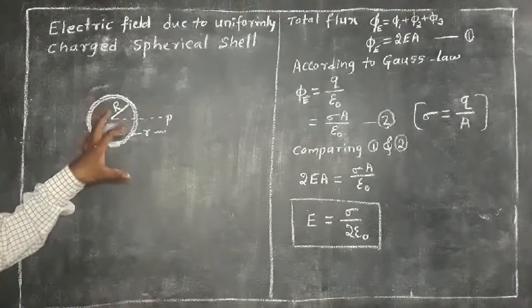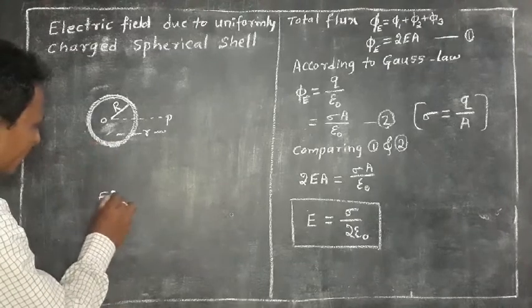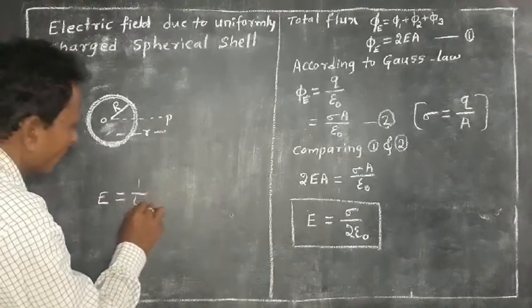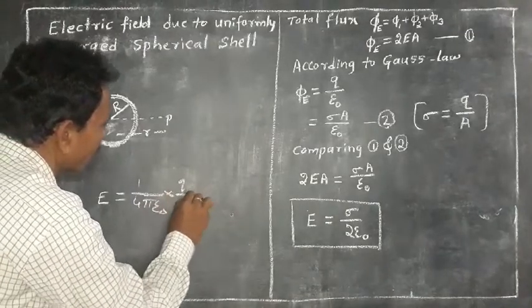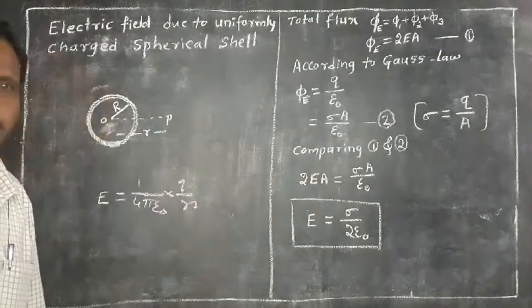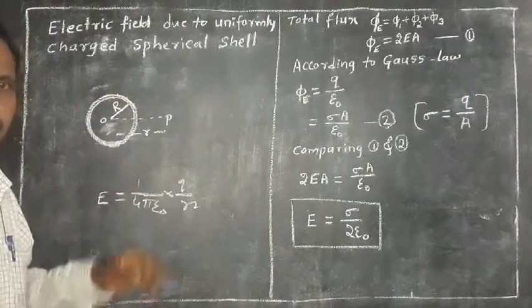And in this case, we cannot directly use the intensity E equal to 1 upon 4 pi epsilon naught into Q upon r square, because the charge is uniformly distributed.